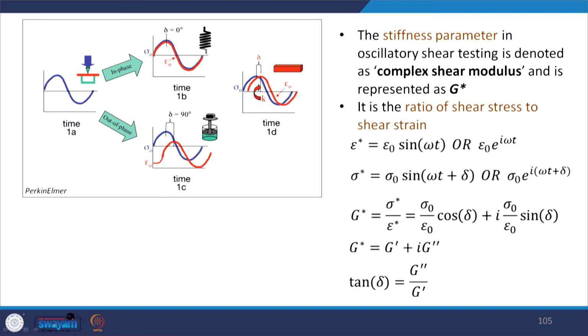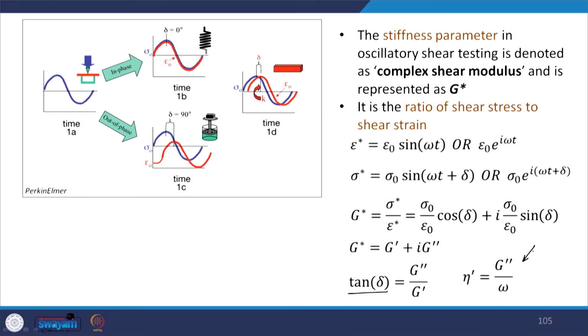It describes how well the material can absorb or lose energy. This is called loss tangent, tan delta, described as the ratio of loss modulus to storage modulus.